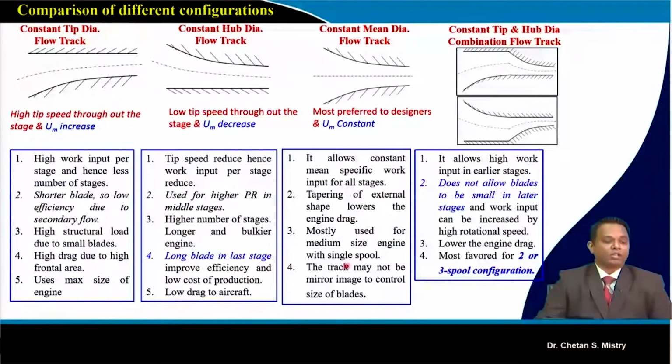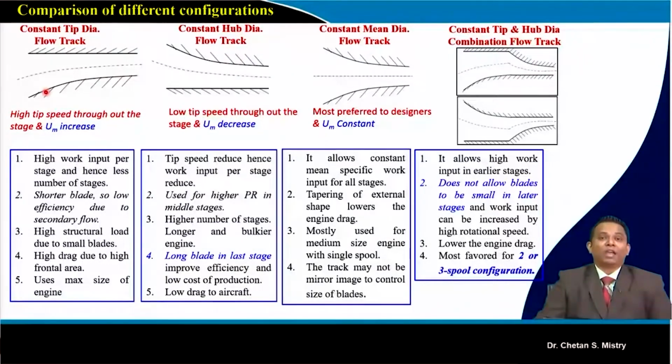If we look at the constant tip configuration, at the initial stage we can achieve a large per stage pressure rise. That means to achieve a particular pressure ratio, the number of stages required will be lower, which reduces the length of the engine.